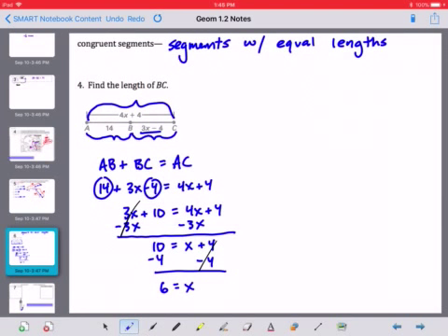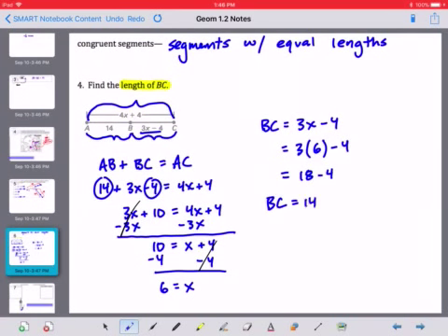Now I know it's really tempting to circle that and say you're done, you found the value of x, but our question is saying find the length of BC. So what we have to do is plug into that expression 3x minus 4 and replace x with 6. So 3 times 6 is 18, minus 4 tells us that BC is 14 units long.